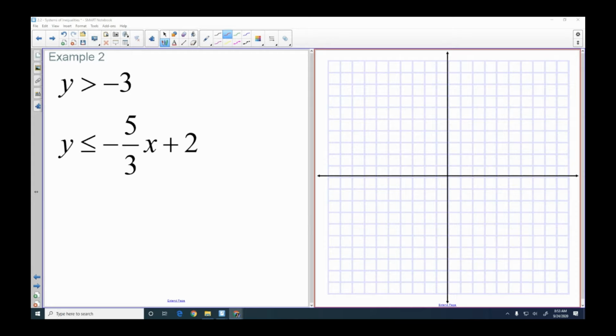Awesome. Make sure you use the solid line or the dash line. You shade in the right spot. Looks good.